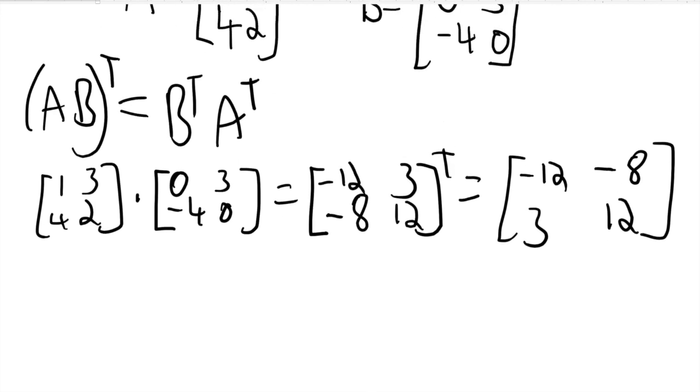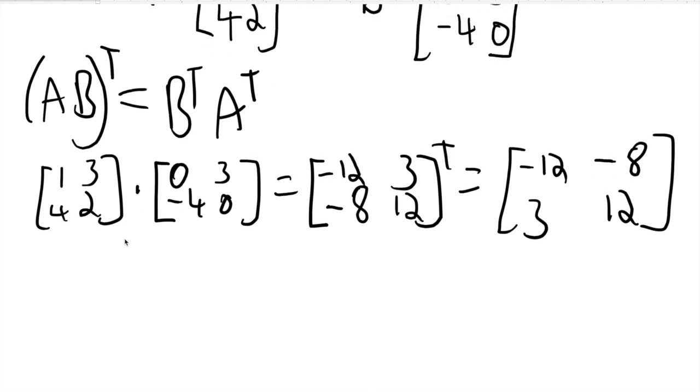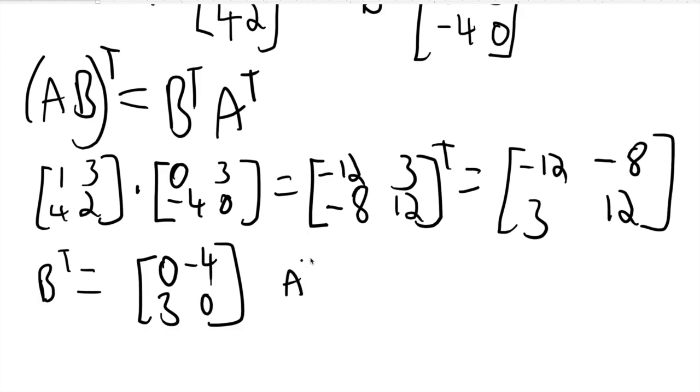If we now look at the right hand side, the transpose of B will be equal to [0, -4; 3, 0], and A transposed will be equal to [1, 4; 3, 2].